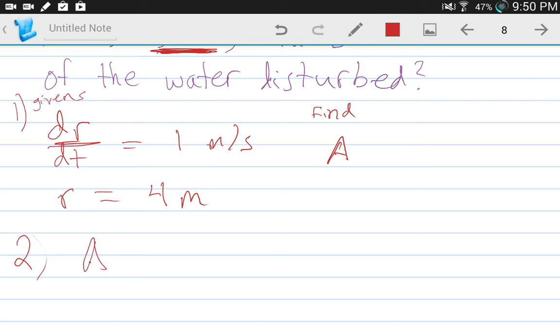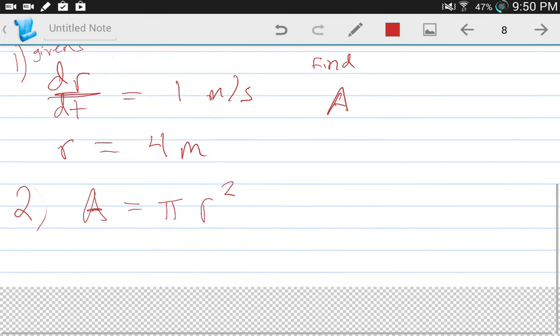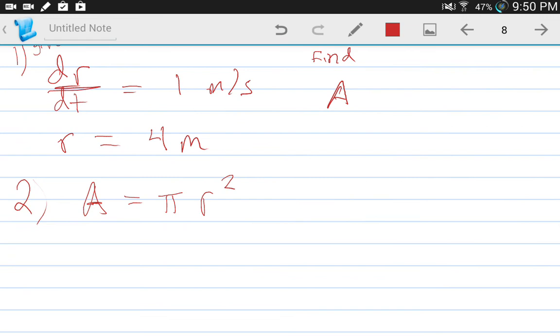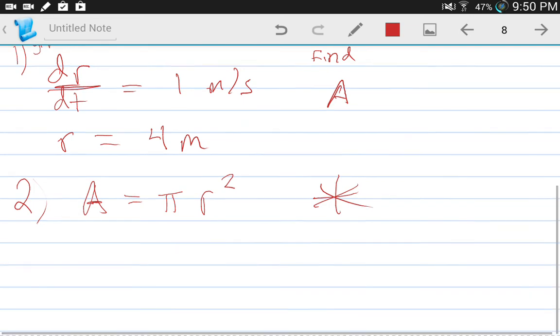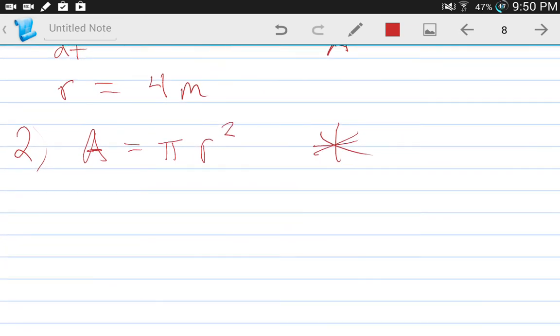So I know that area equals pi r squared. And again, the hardest part of these questions, in my opinion, isn't actually doing the math. The math is usually easy. Taking the derivatives is easy. The hardest part is really the step 2. It's because you have to remember back to all those geometry formulas. So area equals pi r squared.